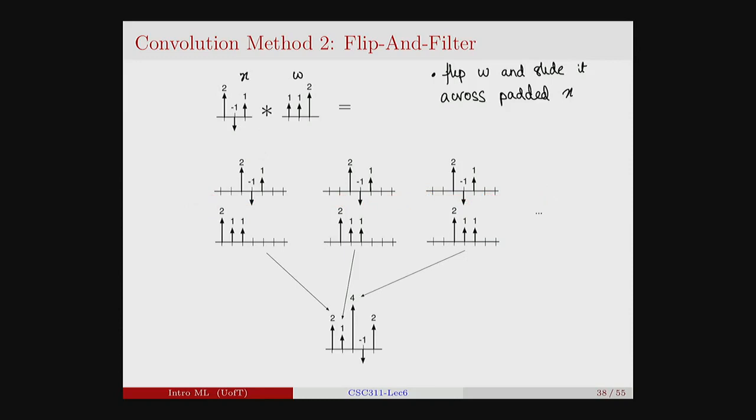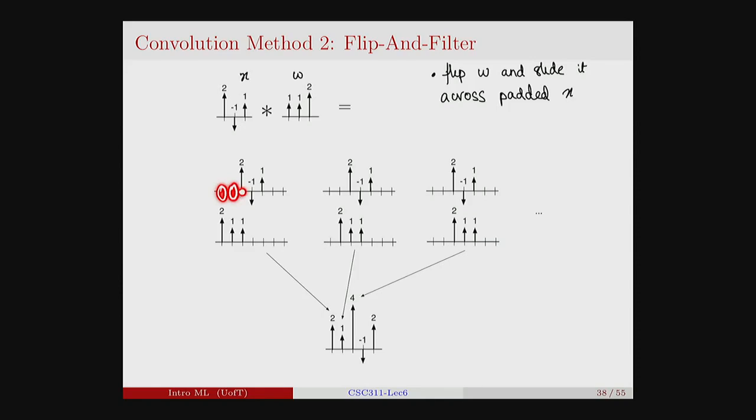Remember, this is in discrete time, so each of these corresponds to indices of X. Every time there's an overlap between X and W, I'm going to compute the product of everything that's overlapped. There's no overlap here, so that's going to be a 0. There's no overlap here, that's going to be a 0.